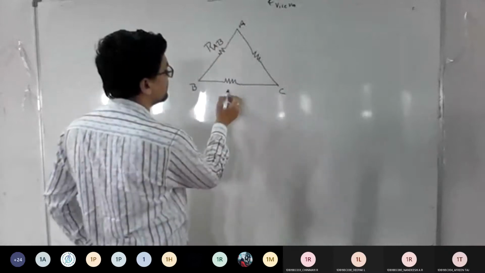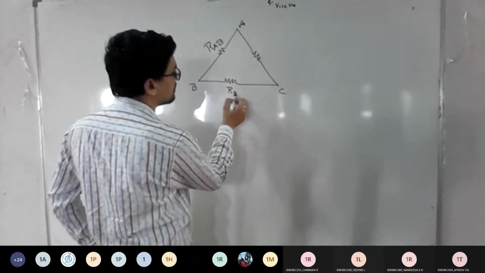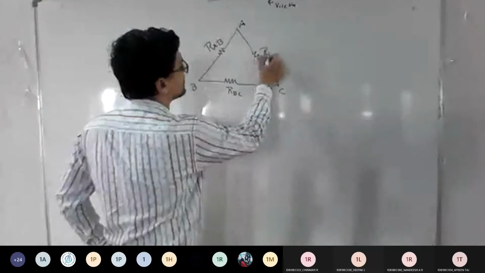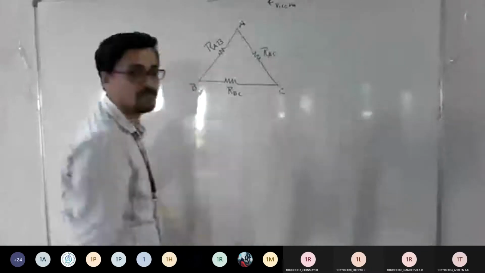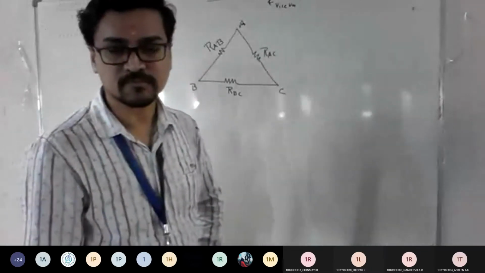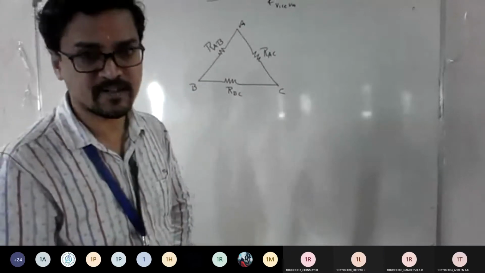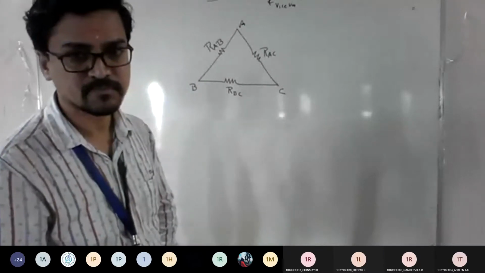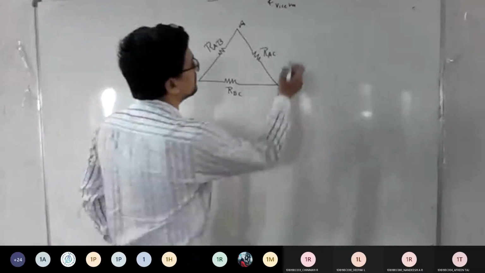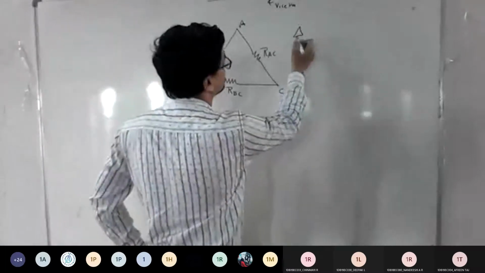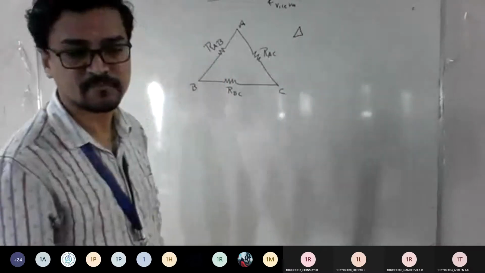This is a resistor between B and C, I'll write RBC. And this I can write as RAC. So this is in the form of what? Is it like delta or is it like star? Delta means a symbol. Is it like this? Is it called delta symbol?